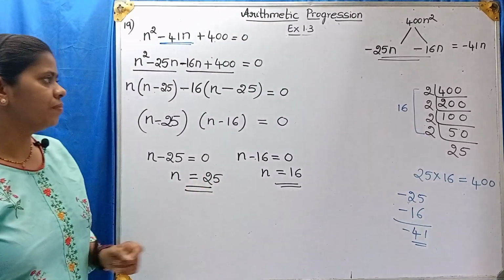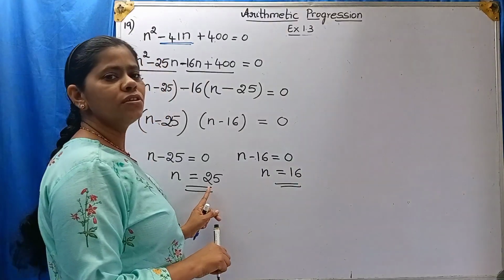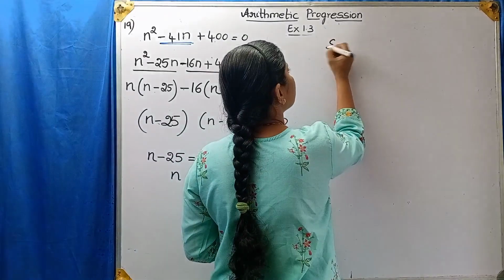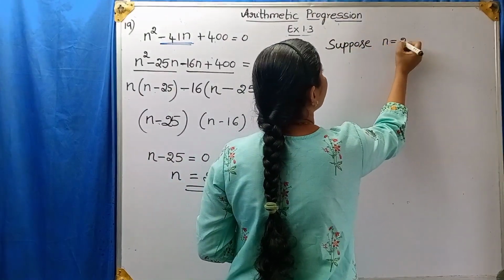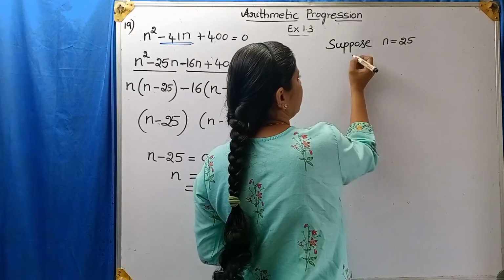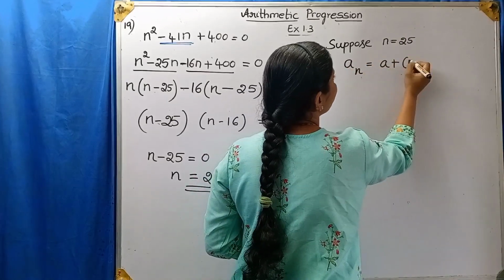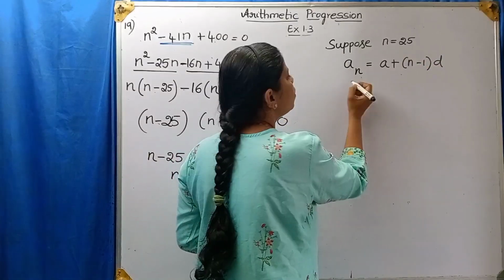Let us find out. Suppose I take n is equal to 25. Then a_n is equal to a plus n minus 1 into d. Okay, let us take this formula.